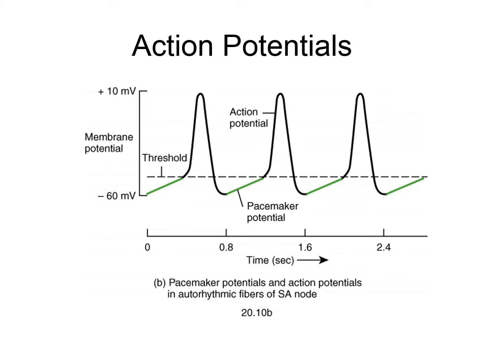And if we remove the heart from the body and maintain all the physiological conditions, that is the temperature, nutrients, gases, and the ion concentration, then it can maintain itself and can work like it is working inside the animal body. So it is called autorhythmic because of the presence of SA node and AV node.